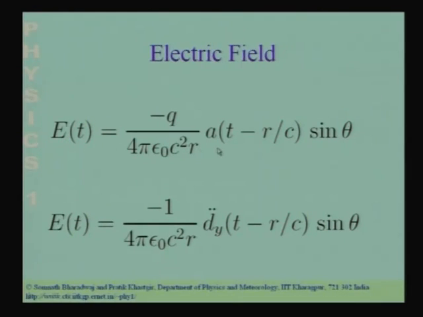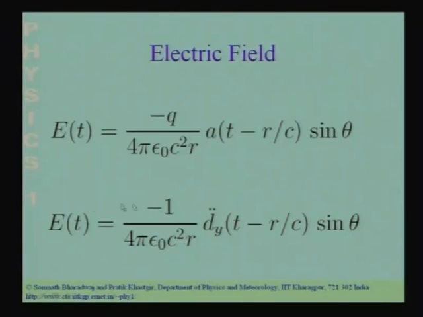The expression for the electric field can also be written in terms of the second derivative of the dipole moment. So, when we have an oscillating dipole, it produces a radiation electric field pattern which falls as 1 by r, and the radiation electric field pattern is given by this particular expression over here. So, the accelerating charge moving up and down you can also think of as an oscillating electric dipole, and the expression for the electric field you can interpret in terms of an oscillating dipole.